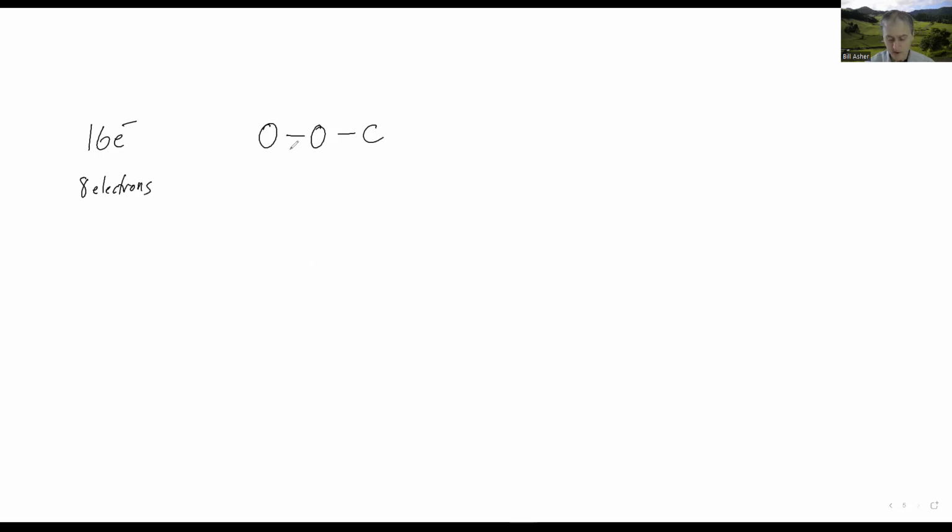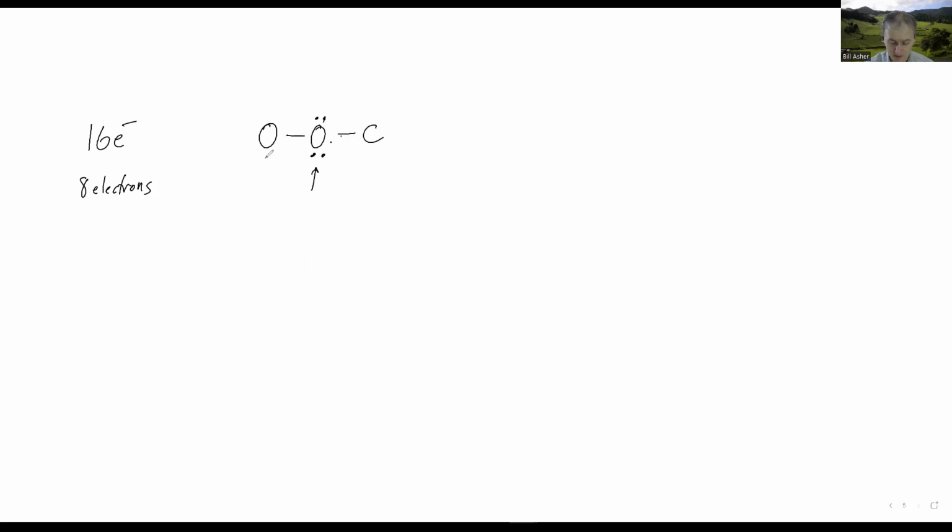So if we said, okay, well, let's now assume that each of these has a single bond. So we would put, because this central oxygen has to have 8 electrons, if each is a single bond, it's 2, 4, and then 6, 8, right?